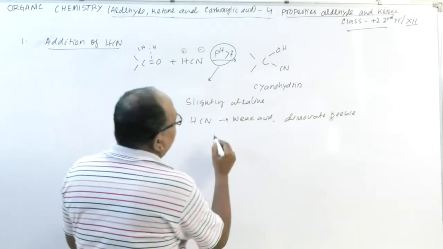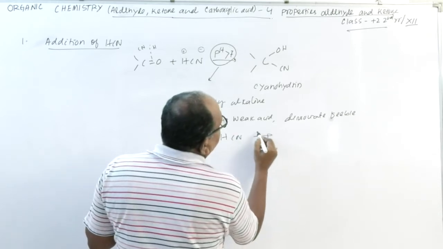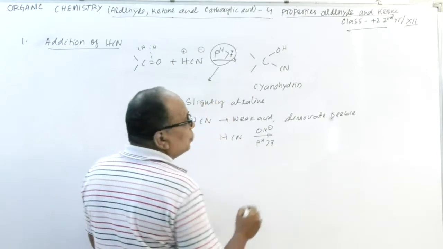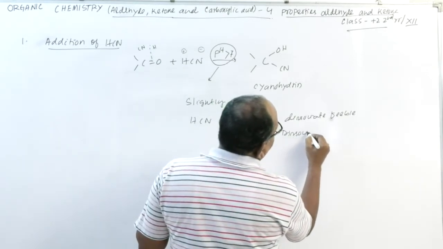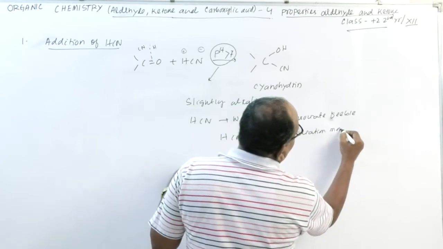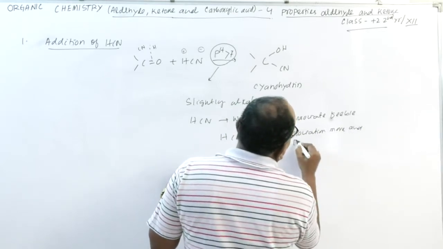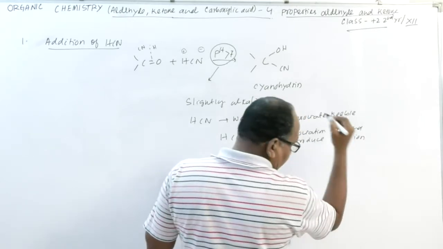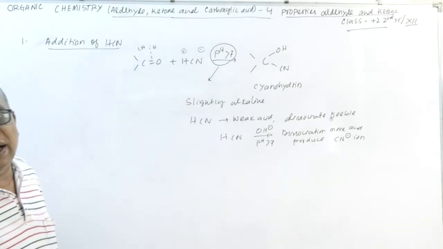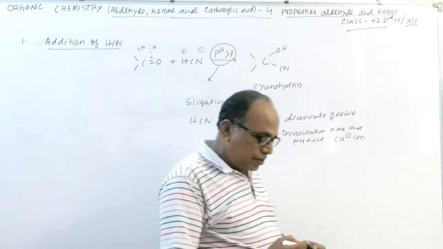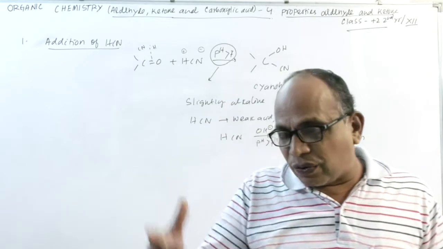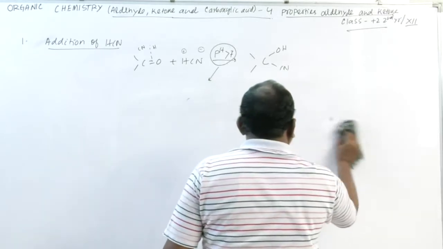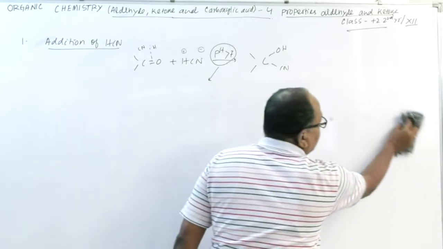But in the presence of a base, meaning pH more than 7, the dissociation is more and produces CN minus. That's why during addition of HCN, the pH of the medium is slightly alkaline, to increase the dissociation.